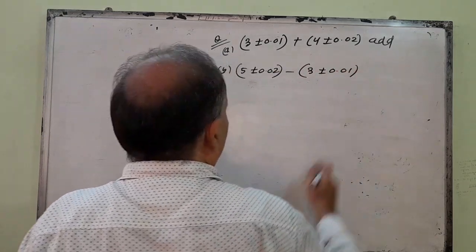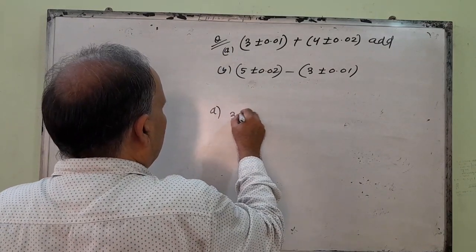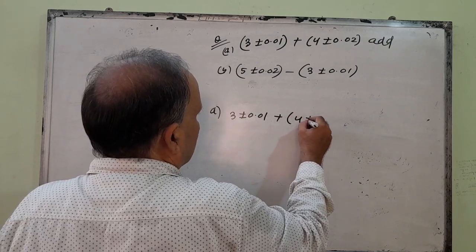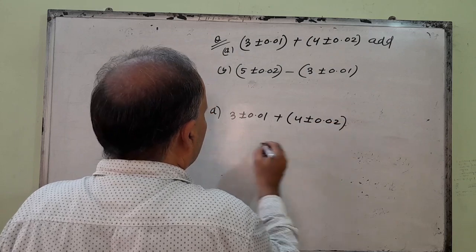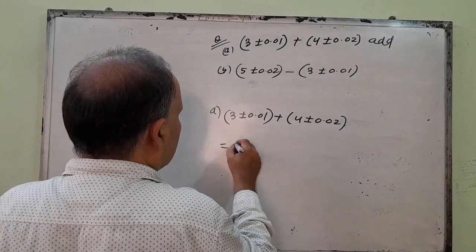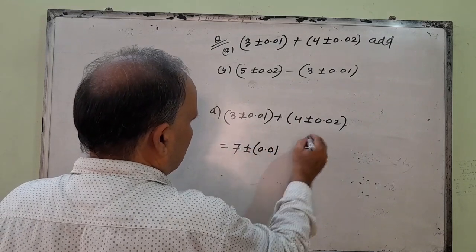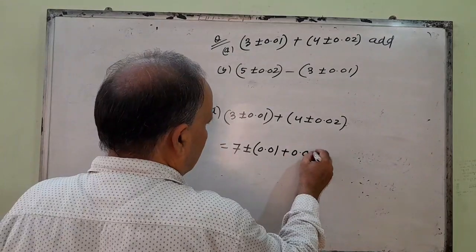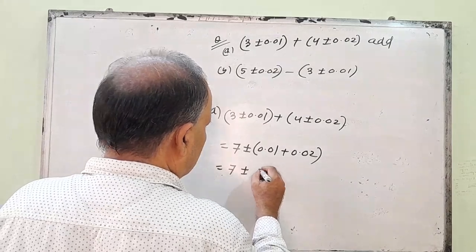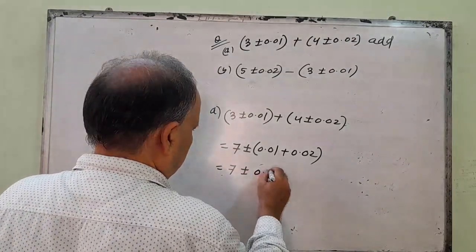Subtract. In case of addition, 3 plus minus 0.01 plus 4 plus minus 0.02, the mean value is 3 plus 4, that is 7. You write plus minus 0.01 plus 0.02, that is 7 plus minus 0.03. This is your answer.